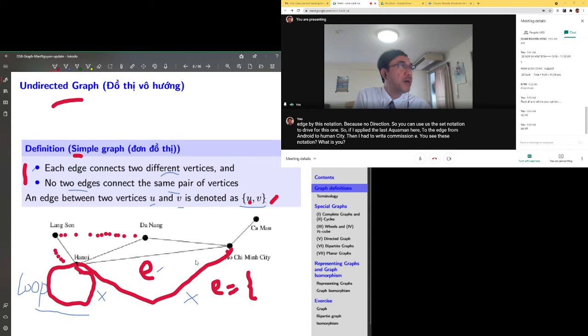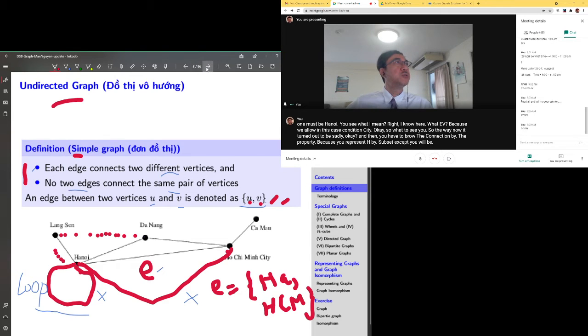The first point must be Hanoi. Then what is V? It turns out to be exactly Ho Chi Minh City. And then you draw the connection with brackets, because you represent the edge by a set {U, V}. So the simple graph is very useful because then you can compute something on it.